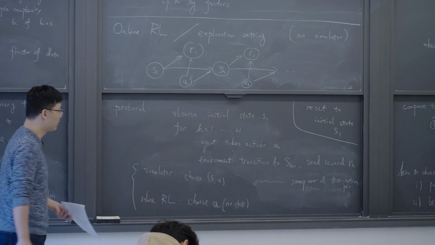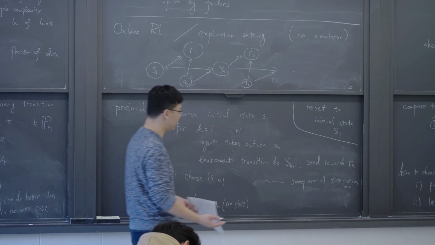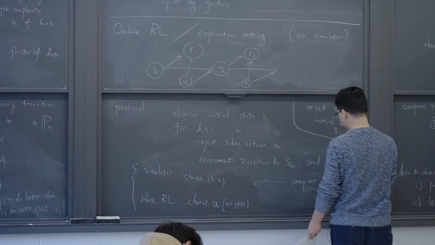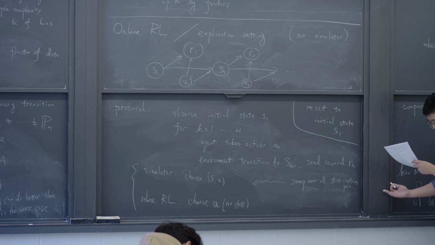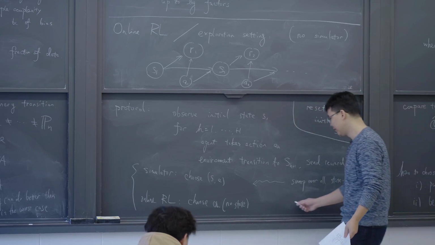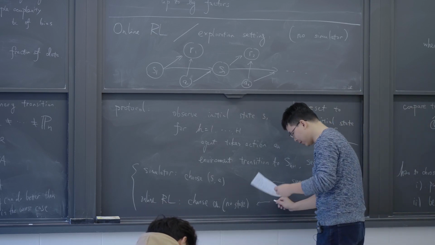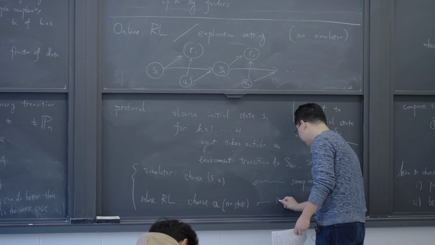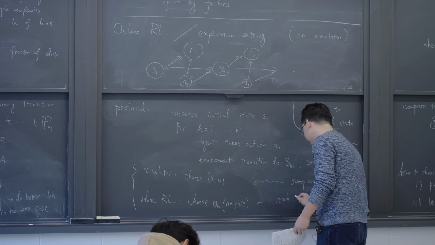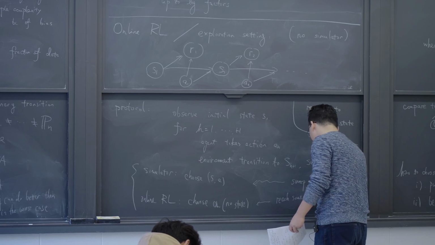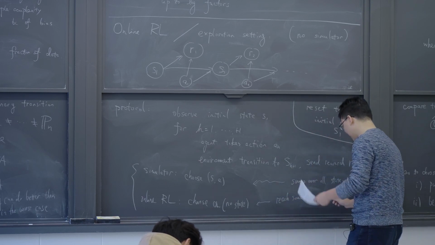However, in online reinforcement learning, we can no longer do that because we can no longer just for free set to any states. So in this case, simply reaching some states by itself may not be an easy task.